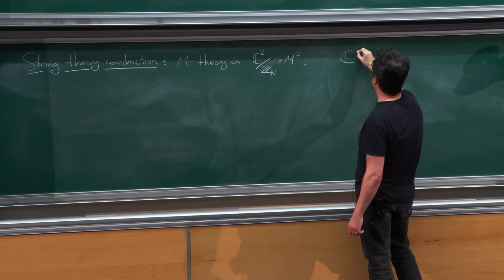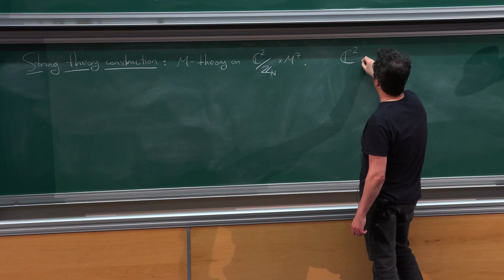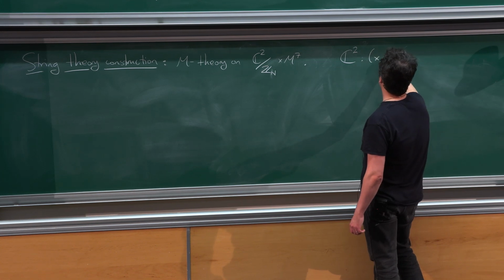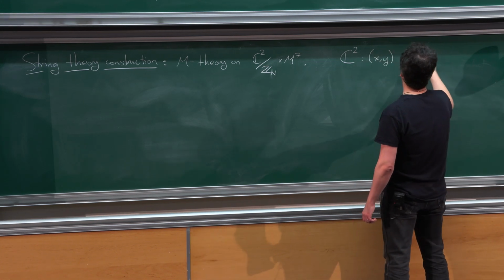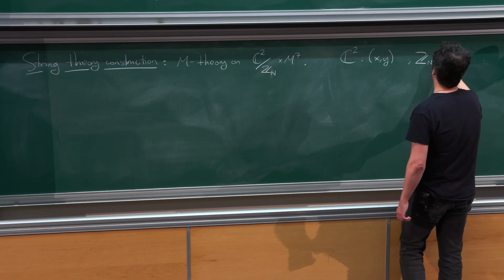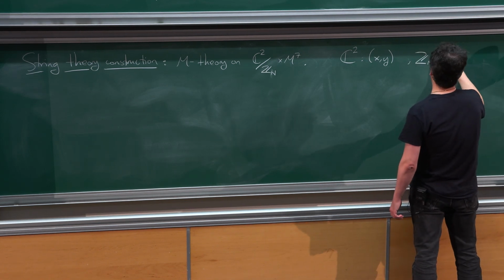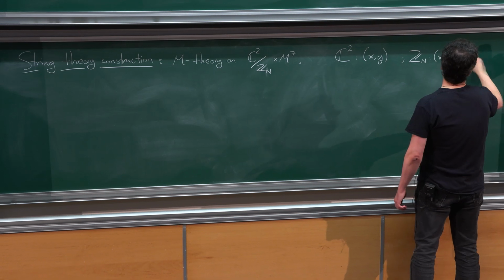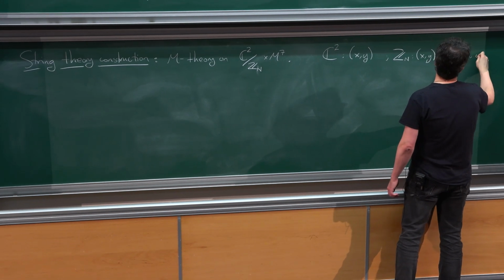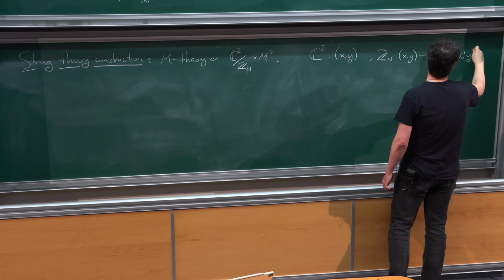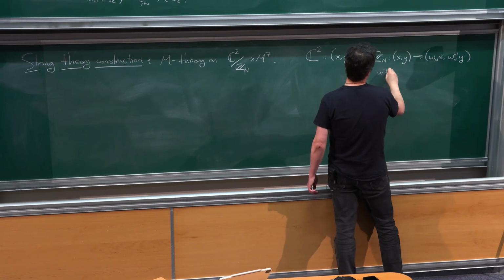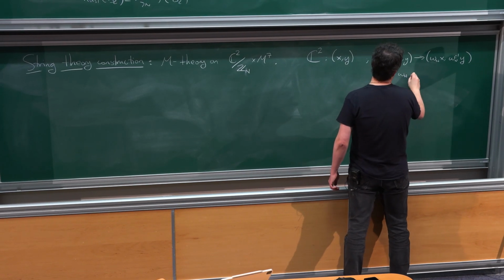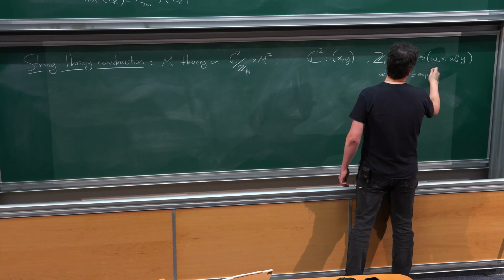All right, so I'm going to parameterize C^2 by some coordinates x and y, and Z_N acts on these by omega_N x, omega_N^(-1) y, with omega_N the Nth root of unity.